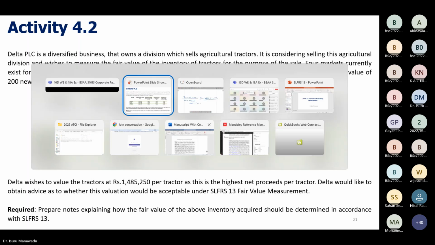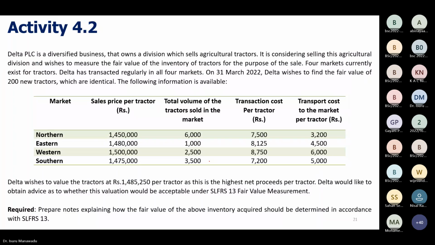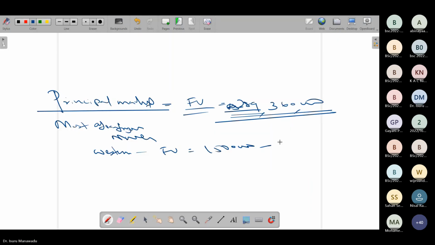1.5 million minus transport cost. Transport cost 6,000. 1,494,000.